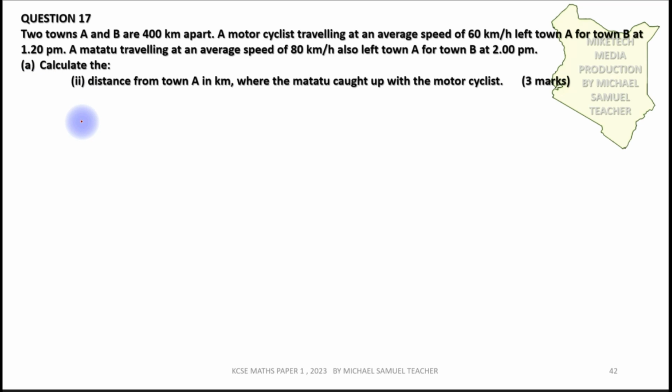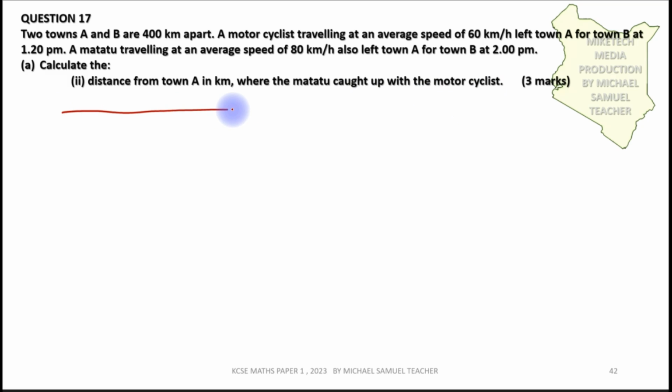Then part A, Roman 2. Distance from town A in kilometers where the matatu caught up with the motorcyclist.